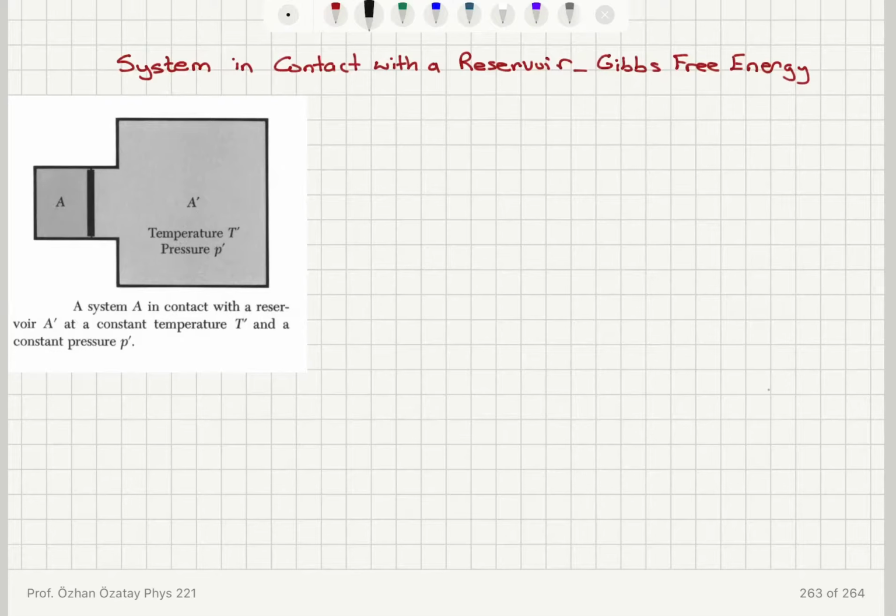And this reservoir A prime is much bigger, so it has many more degrees of freedom than A. So A prime is much bigger than system A. It's a reservoir. For example, an experiment that is performed in the lab would fall into this category.